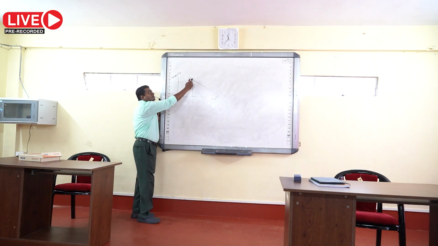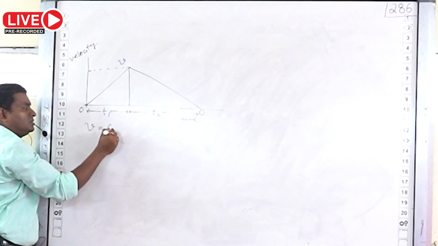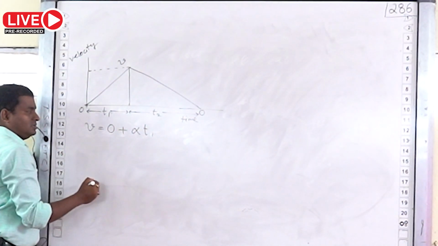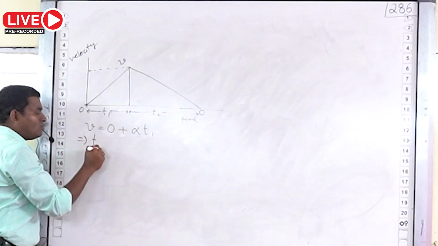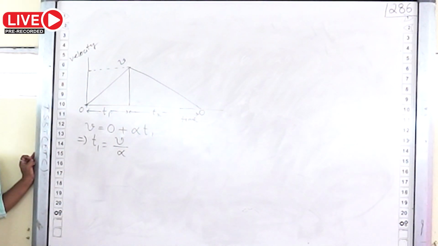Now, what is the final velocity? V. What is initial velocity? 0. Acceleration is alpha, time is t1. So from this you can write t1 equal to V by alpha. Clear?